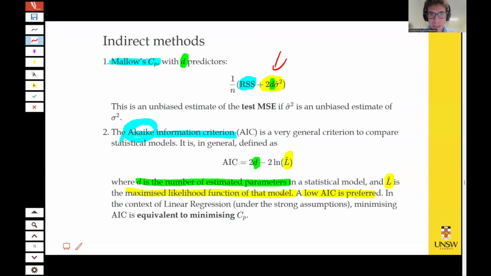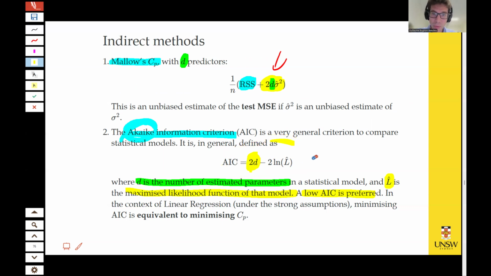And the logic is the same as with the penalty here. You should view this 2d term as a penalty because, again, if you want to minimize this, adding a positive quantity 2d, if d is big, if there's a large number of parameters in the model, makes this whole thing bigger. So this is a penalty. Again, if adding parameters to the model does not lead to an increased likelihood, this whole thing is going to increase and you will not pick such models that have more parameters.